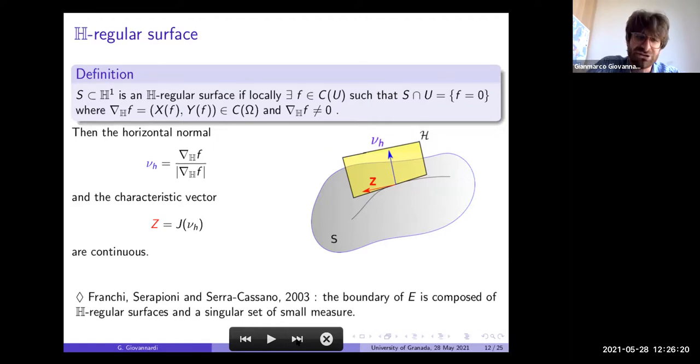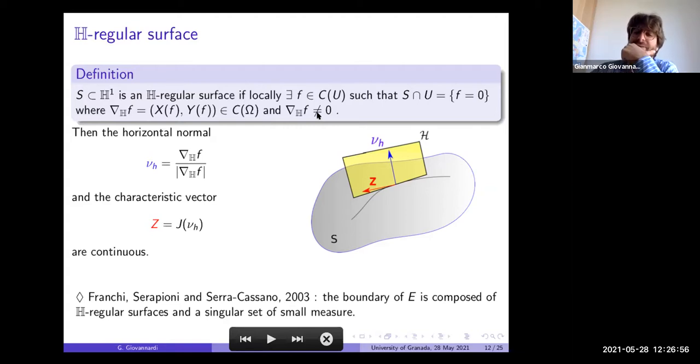Okay. In order to avoid the singular set, the notion of H regularity is central. So what is the H regularity that was introduced by Franchi, Serapioni, and Serra Cassano? You consider a two-dimensional surface in H1, and you say that it is H regular if locally it is the level set of a function f, and the horizontal gradient of f is continuous and different from 0.